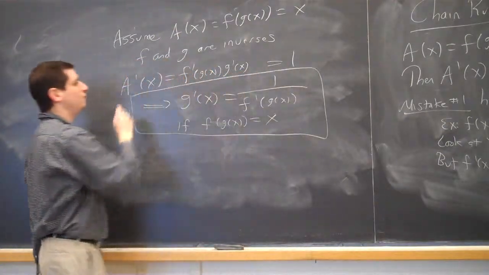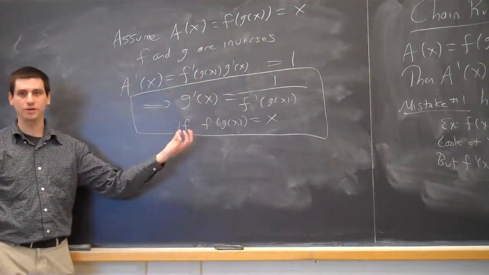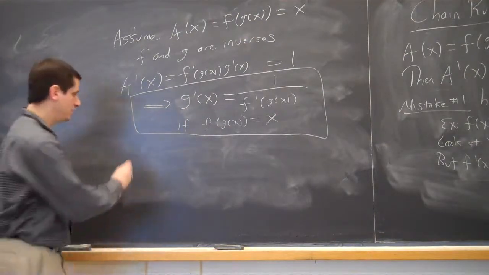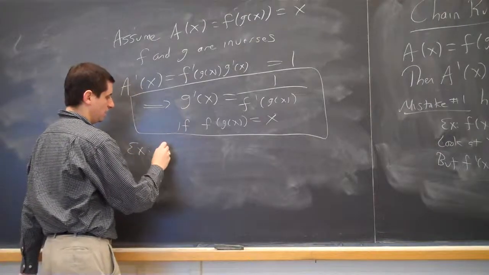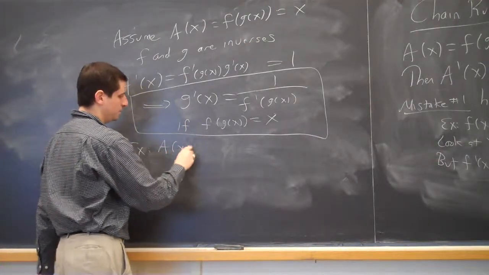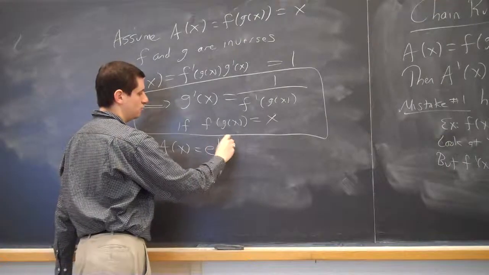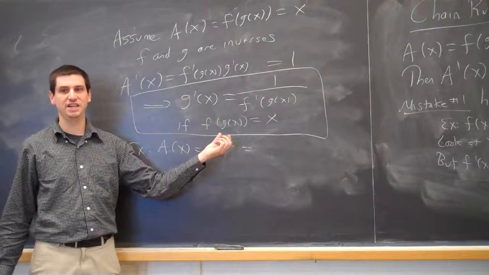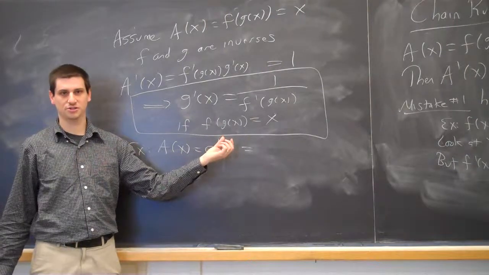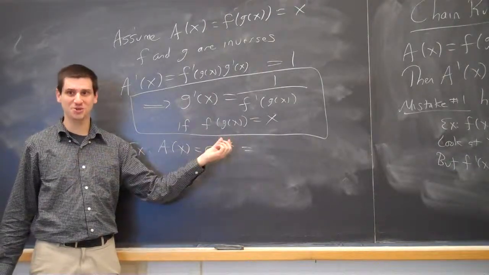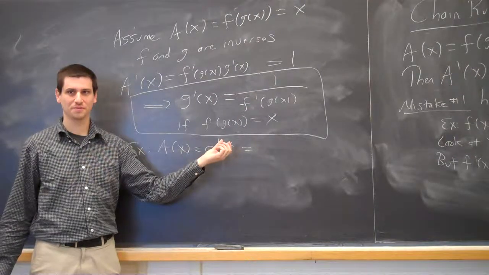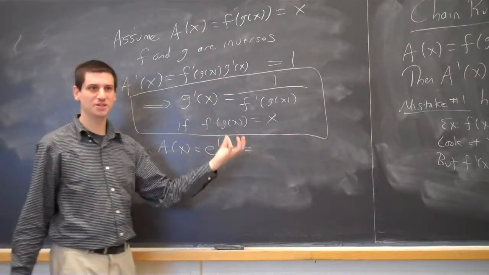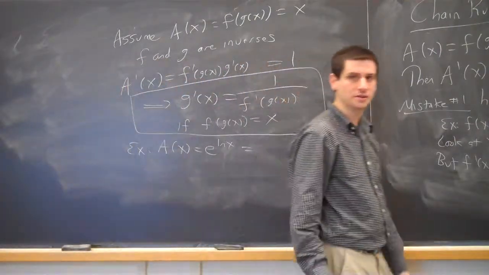This is a beautiful result. If you know one derivative, it allows you to get a related derivative. So for example, if I look at a of x equals e to the natural log of x. So I'm raising e by the number of powers of e I need to get x. What is that?